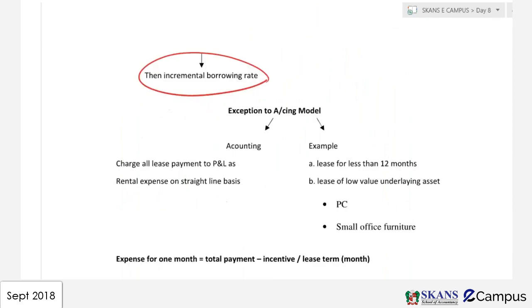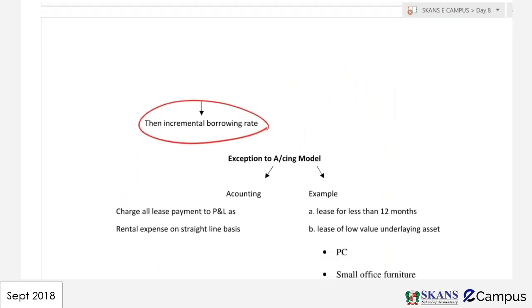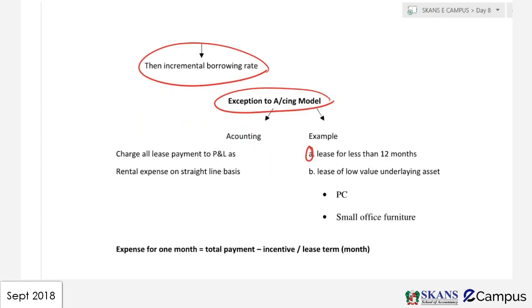Now, guys, listen carefully. For every lease, lessee needs to book an asset and liability, but there are two exceptions as well. It means in these two exceptions, they don't need to book the assets and liabilities. The exceptions are, guys, if the lease is for less than 12 months, then there is no need to book the right of use asset and lease liability. And the second is lease of a low value underlying asset.